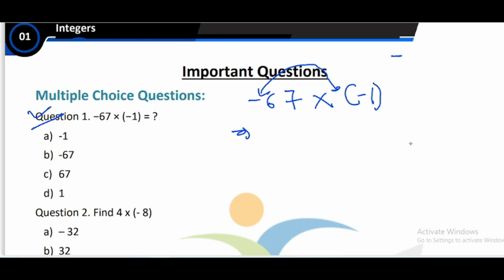If we multiply minus by minus, then it shows a positive integer. Then minus into minus is positive. 67 into 1 is 67. And the right answer is part C.